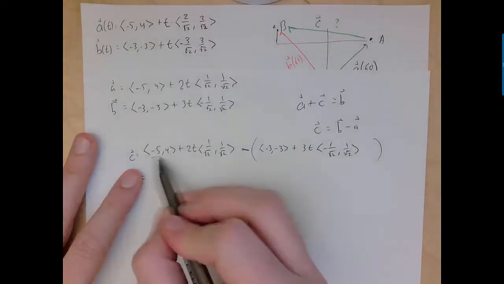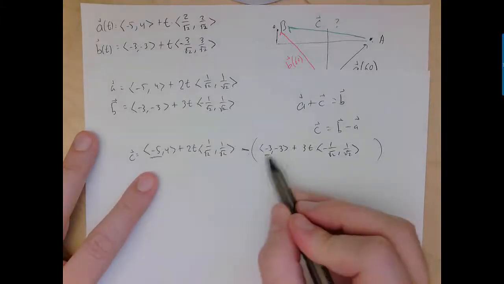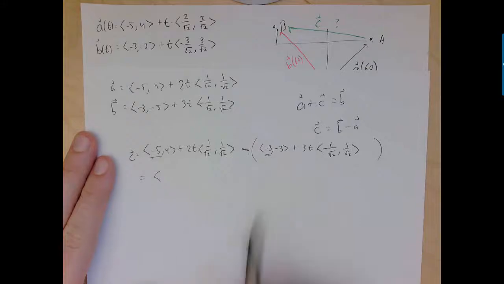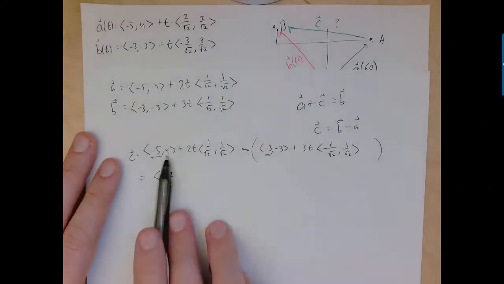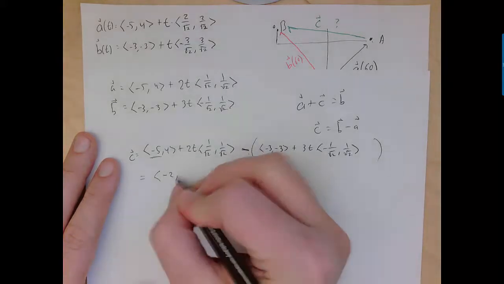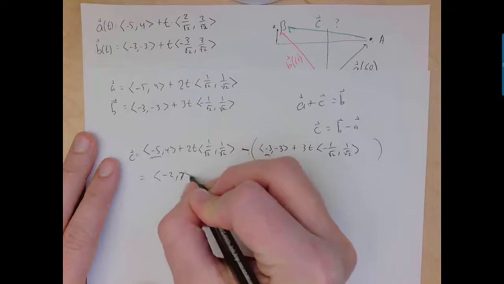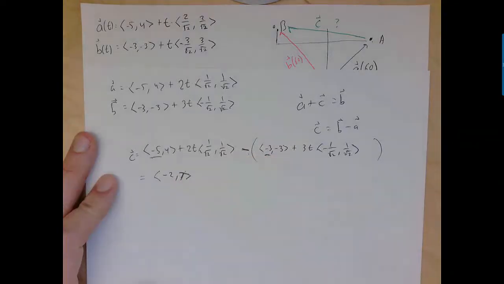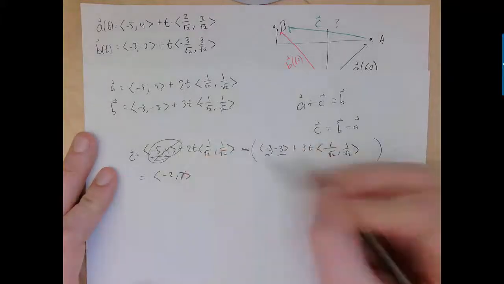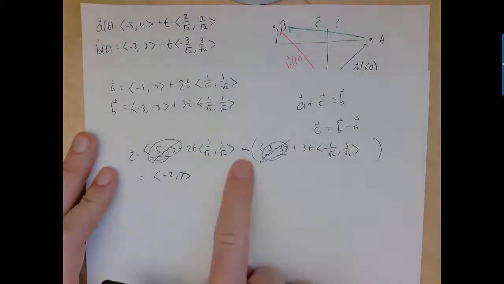So I'm going to take this x part and subtract that x part. So let's see, negative 5 plus 3 gives us negative 2. Here I've got 4 minus negative 3, so that's 4 plus 3, 7. Okay, so I've covered this part and this part. Now let's look at this part.